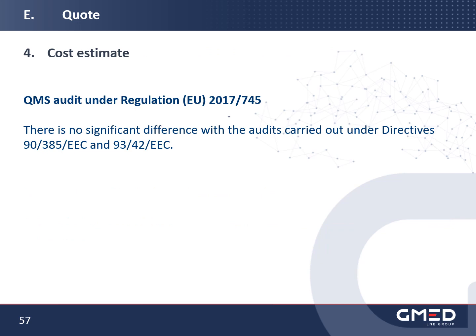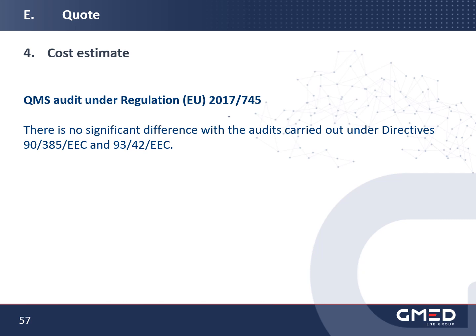To conclude this first module, some information regarding an estimate of the cost of certification under Regulation EU 2017/745. For the quality management system audits, there is no significant difference with the cost of audits performed under the directives. Still, please note that any first formal application for certification under Regulation EU 2017/745 is considered and treated as an initial application for certification.